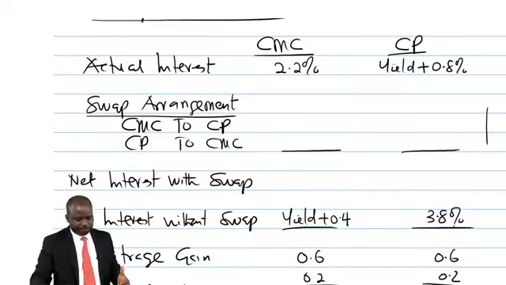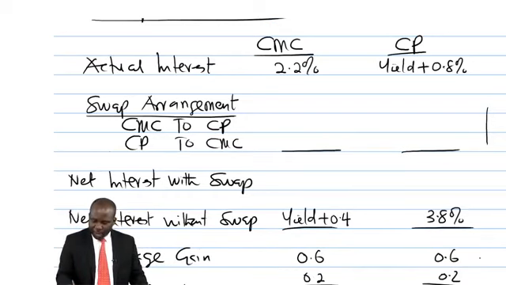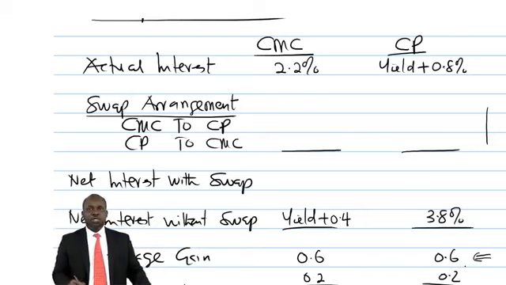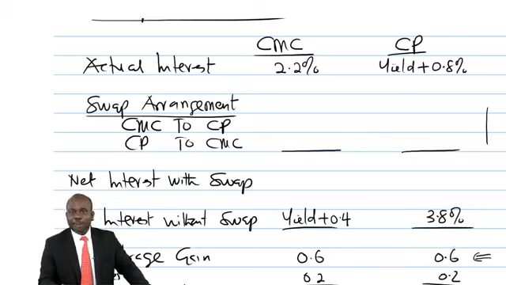Okay, now the gain we made as a result of the swap is this. So if without the swap, CP would have paid 3.8, and with the swap, you would have made a gain of 0.6. Then with the swap, how much did you pay?